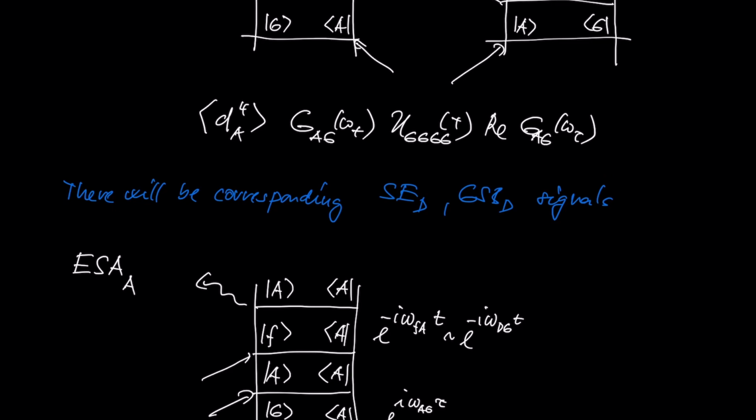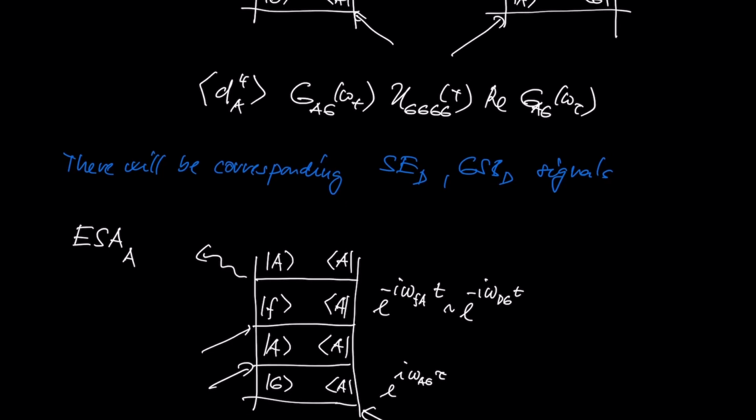So the signal is emitted from the coherence between the doubly excited state and the A, and this, as we will discuss quickly, corresponds to the transition frequency on D. So because F is a combined state of both A and D excited, this is already a combined signal. So this was the rephasing part of it.